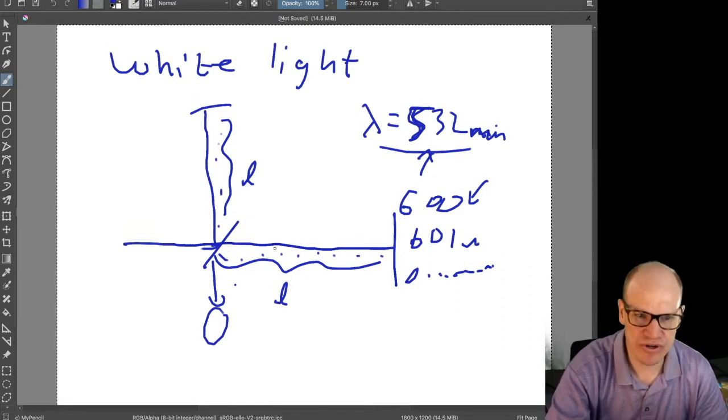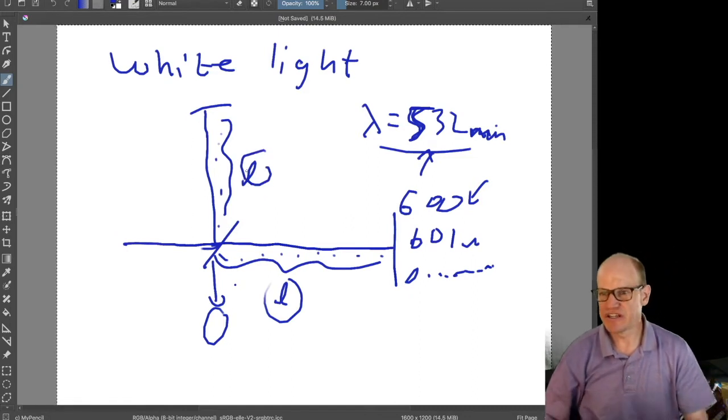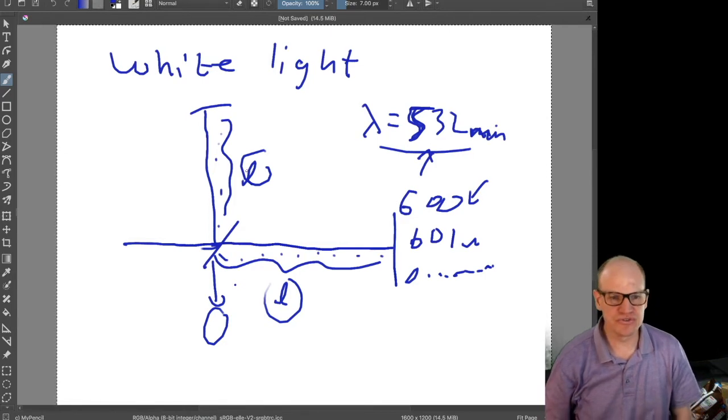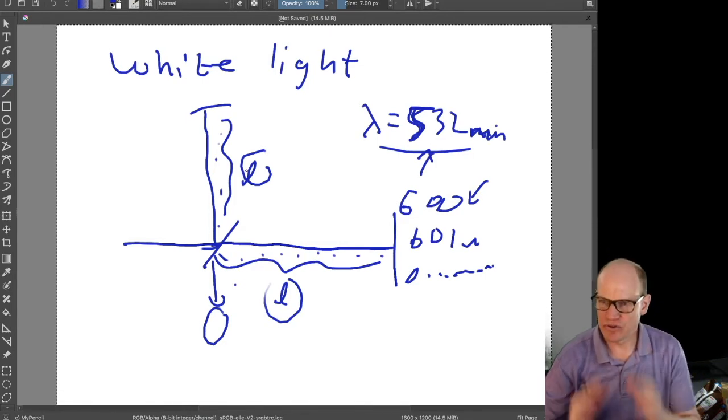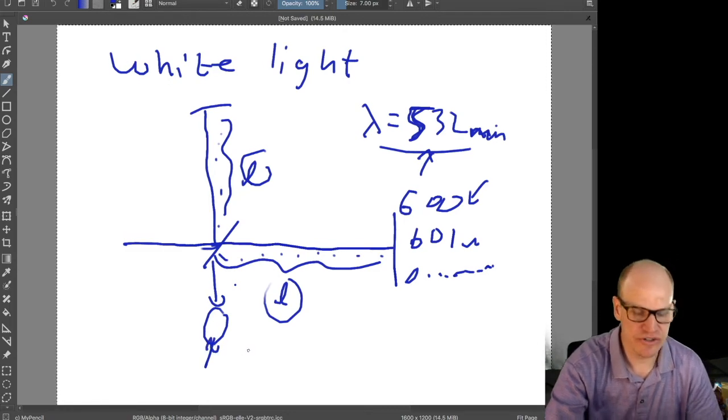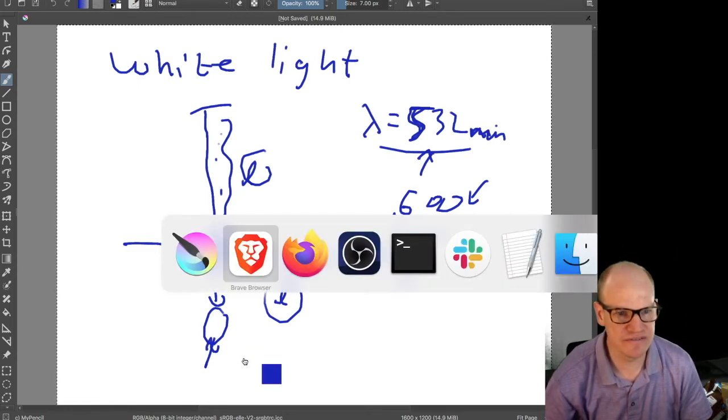So the white light interferometer forces you to have the same arm length in both directions in order to get the fringes to line up, in order to get the kind of pattern that you want to see in your detector over here. Now let me show you what that pattern looks like.